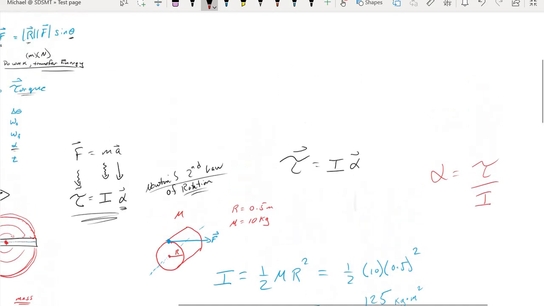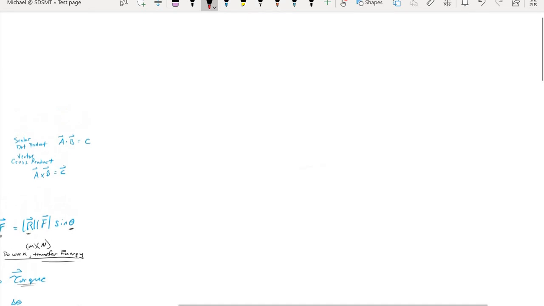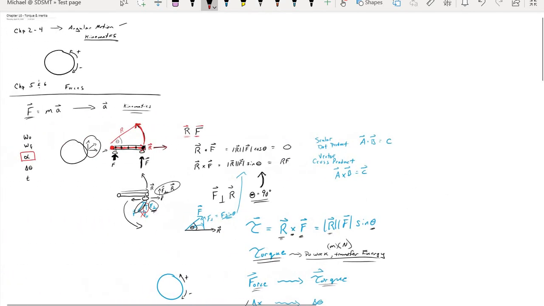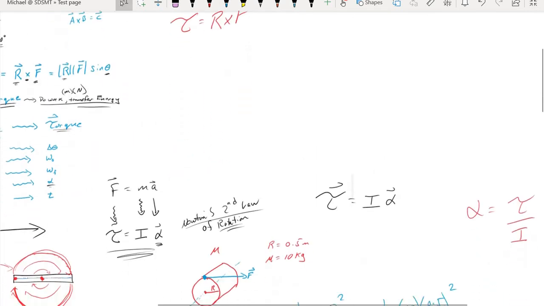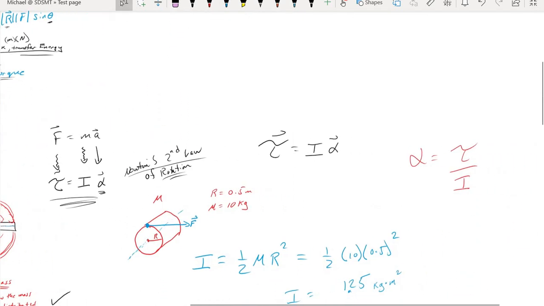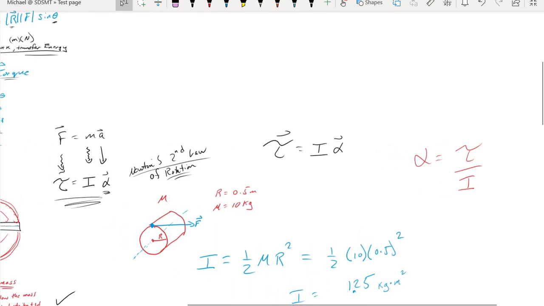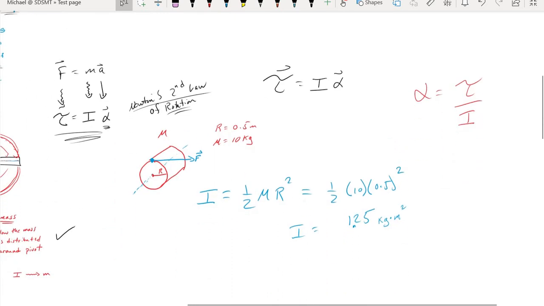So how do we get the torque? Well, that was the first part of today's discussion. We can find the torque by taking the cross product of our radial vector and our force vector. We know how much force is going to be applied, even though I didn't tell you. I'm going to tell you now.